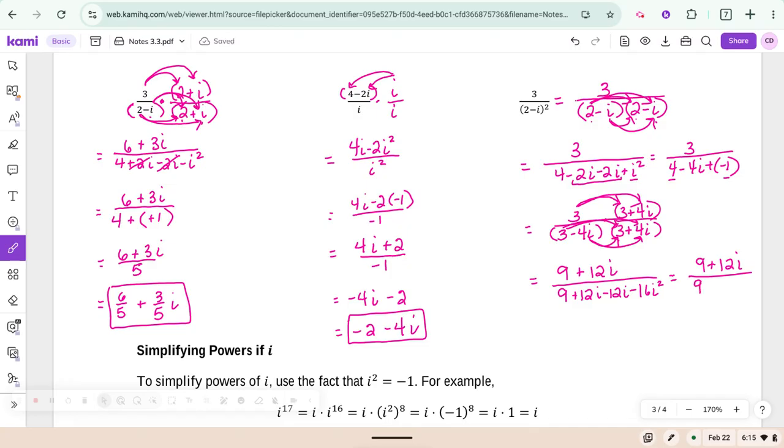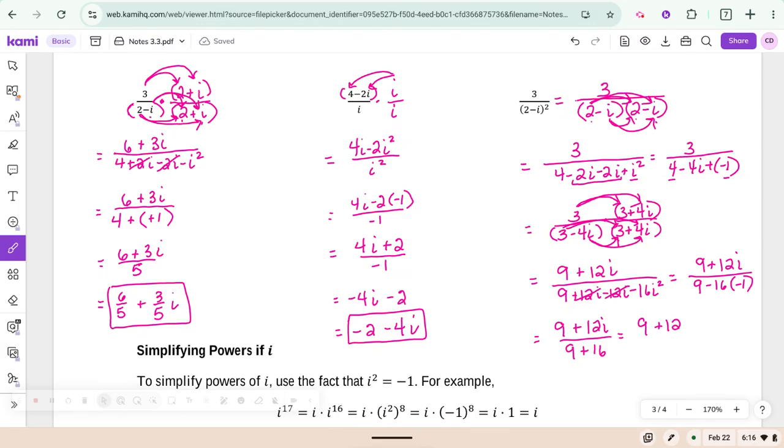I have my 9 plus 12i and minus 12i add to 0, and I have minus 16i squared. But i squared is negative 1. So that's going to turn into a plus 16. So I have 9 plus 12i over 9 plus 16.